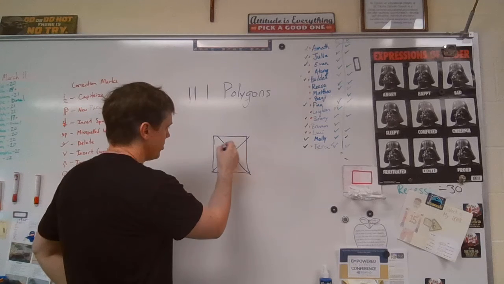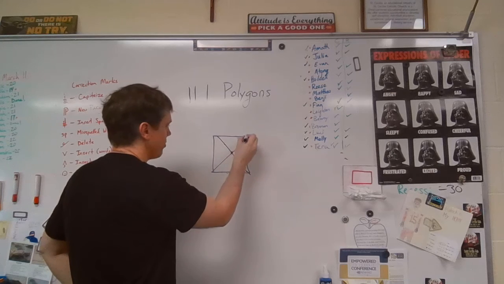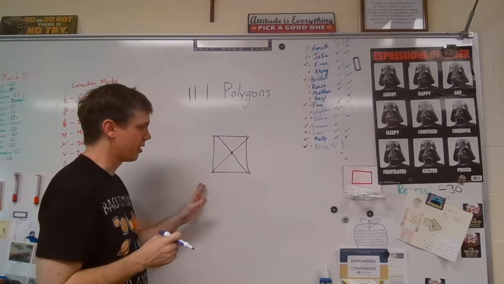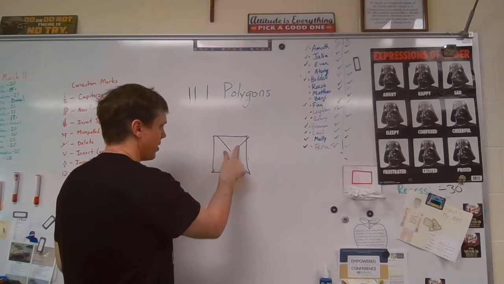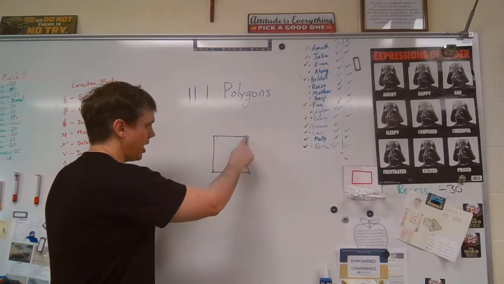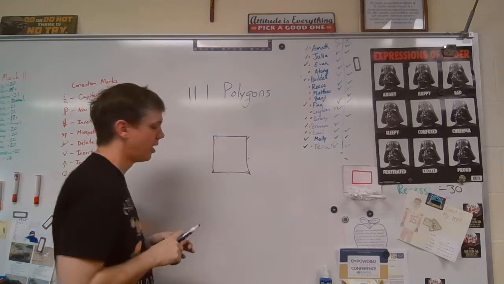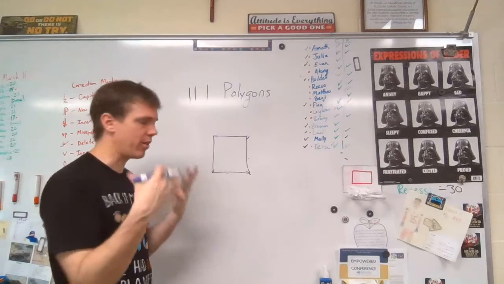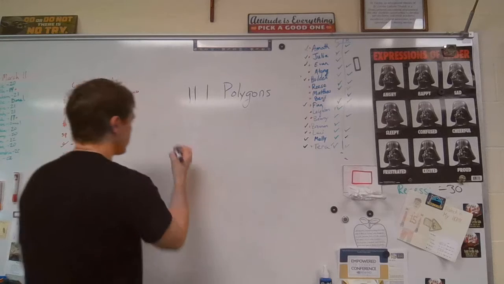It's got 1, 2, 3, 4, 5, 6, 7, 8 line segments, but there's only 1, 2, 3, 4, 5 vertices. However, this is not a polygon. Or rather, it is a polygon, but this part here doesn't matter because this is the actual polygon. And you could have argued that the triangles that were formed on the inside are also polygons, but they are not all clumped together as one polygon.